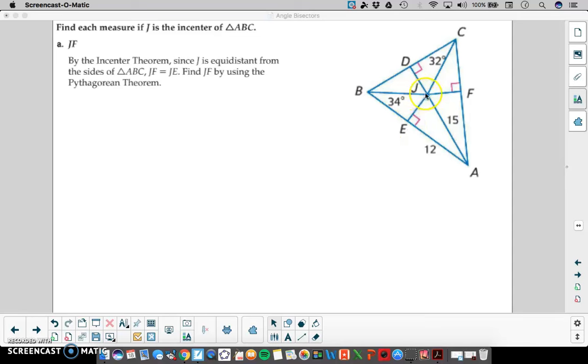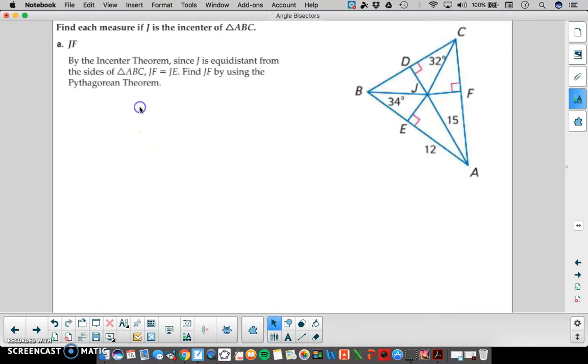Now, because we know those are the same length, in order to find JF, I can find one of the other ones. I already have measures for AJ and AE, and those are two sides of a right triangle that's created inside here. So I can use the Pythagorean theorem to help solve. So a squared plus b squared equals c squared.